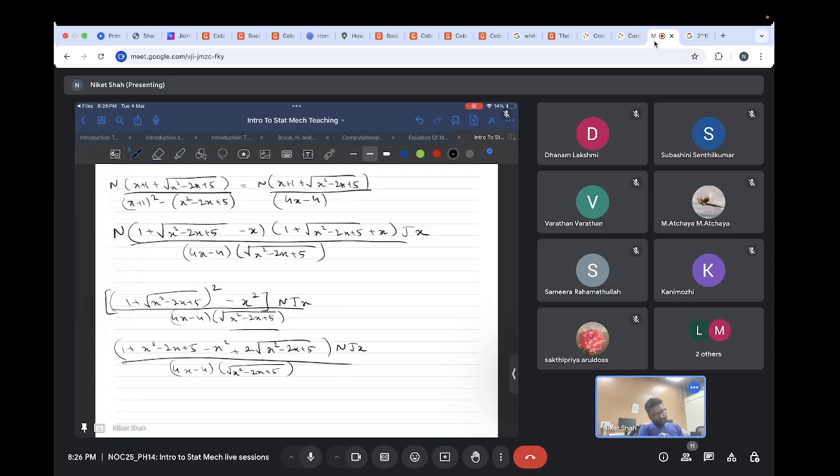So we've got 2njx. I'll take 2 common outside. What I have inside is 3 minus x plus square root of x square minus 2x plus 5 divided by 4x minus 4 square root of x square minus 2x plus 5.